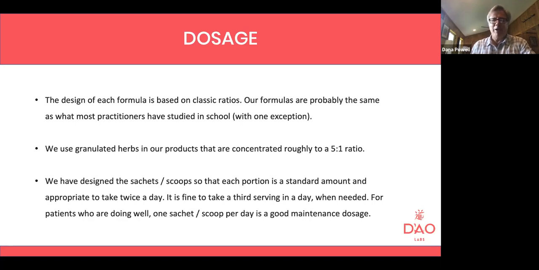In general, we would recommend that 2 servings a day is good. And for me personally, when I have a patient who's doing pretty well on a formula and has made a lot of progress, and I want to put them on a more maintenance type schedule, I'll often go to 1 sachet, one scoop, per day, so that can really lock in the benefits.